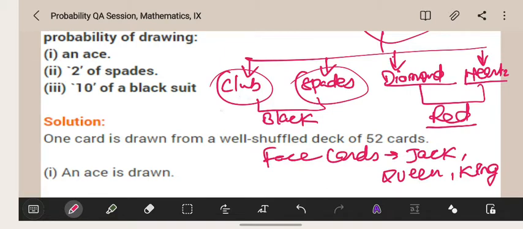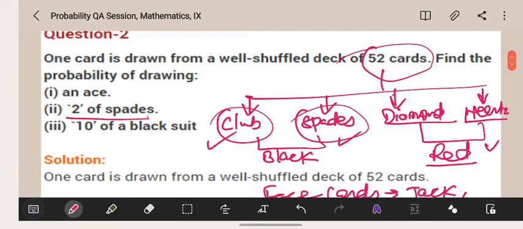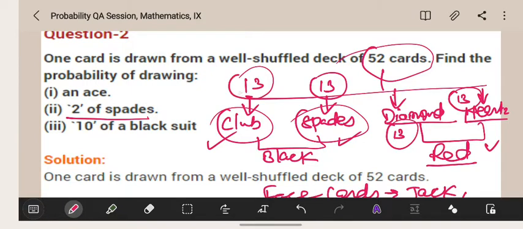I mean 3 face cards of clubs, 3 face cards of spades, 3 face cards of diamond and 3 face cards of hearts. So they are asking 2 of spades. The number of spades will be 13 if you divide 52 into 4 equal parts. So 13 cards of spades, 13 of clubs, 13 of diamond and 13 of hearts. Out of these 13, 10 are numbered cards and 3 are face cards.